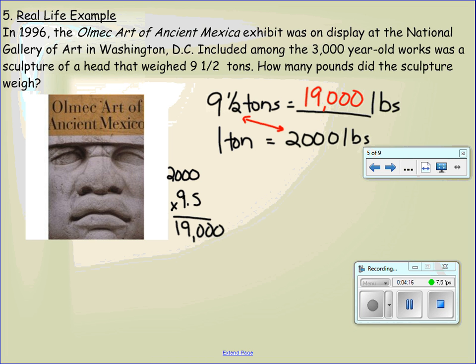So in 9.5 tons, there are 19,000 pounds. This is a formula you can use if you are not able to work it out in your head. The first step is write down the problem. Second step, you write down what you know, depending upon how your numbers line up, as if you were going to divide or multiply.